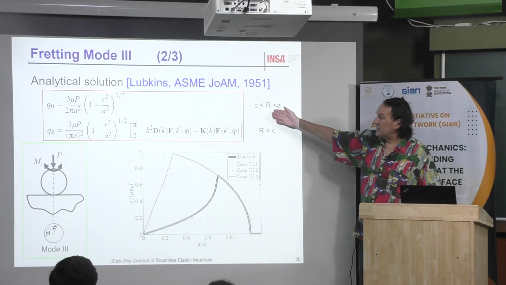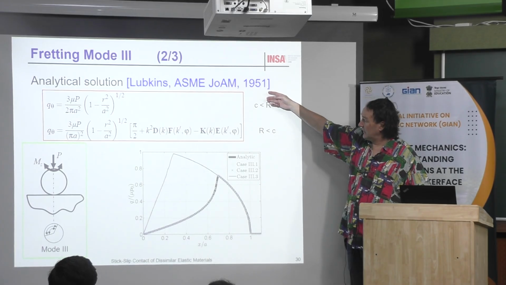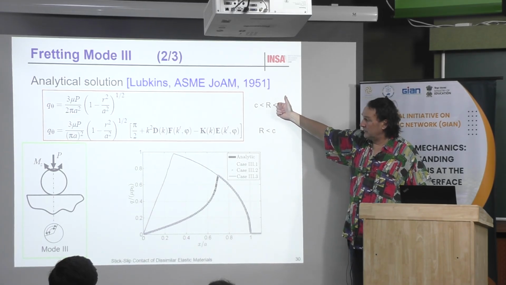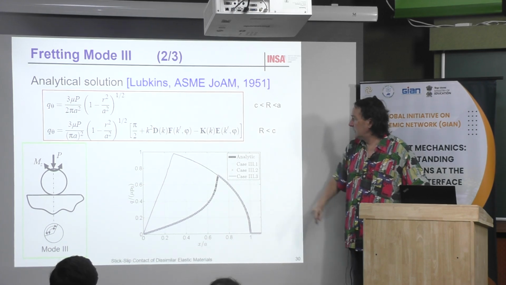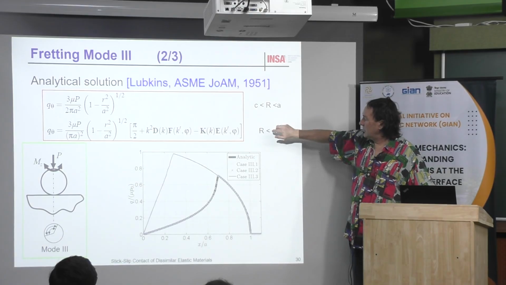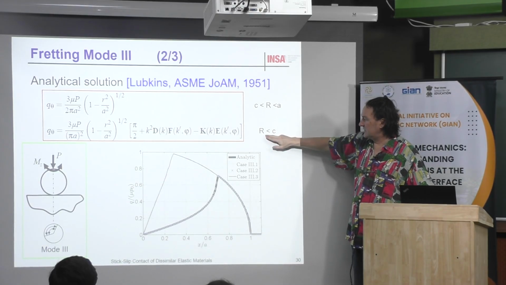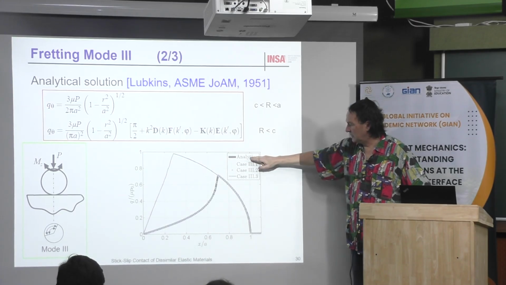Then it exists in the literature, a solution given by Lubkin, published in the Journal of Applied Mechanics a long time ago. This is the correct solution with elliptical integrals. This is in the sliding area, and this is in the sticking area. Okay, this is the solution, plotted here.